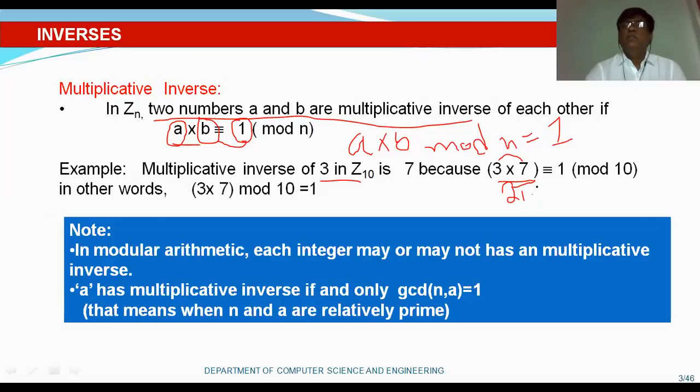That means 21 is congruent to 1 mod 10. In other words, when a number is multiplied with its multiplicative inverse, it should give remainder 1 after modulo dividing with 10. So this is the multiplicative inverse.